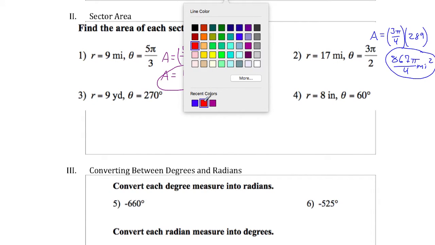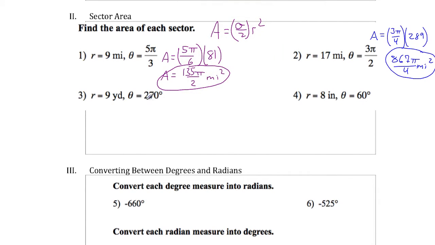For the next one up, number 3, they give us the theta in degrees. We need to multiply this by pi over 180 to convert this to radians. And so the 270 and the 180 have a common factor of 90.